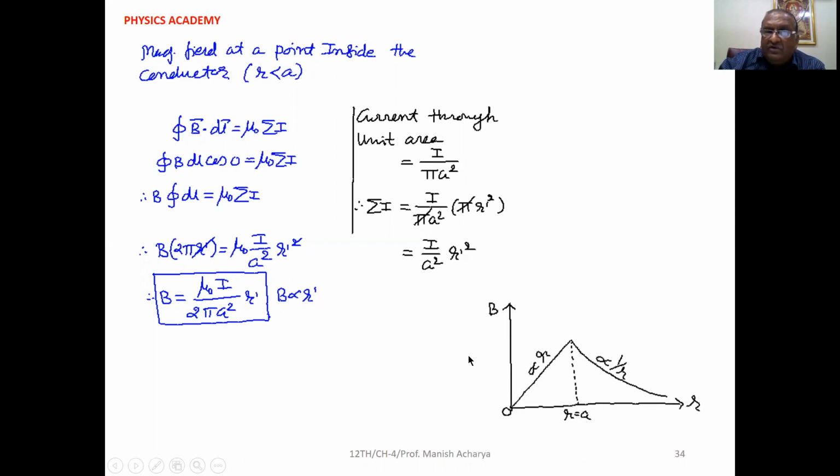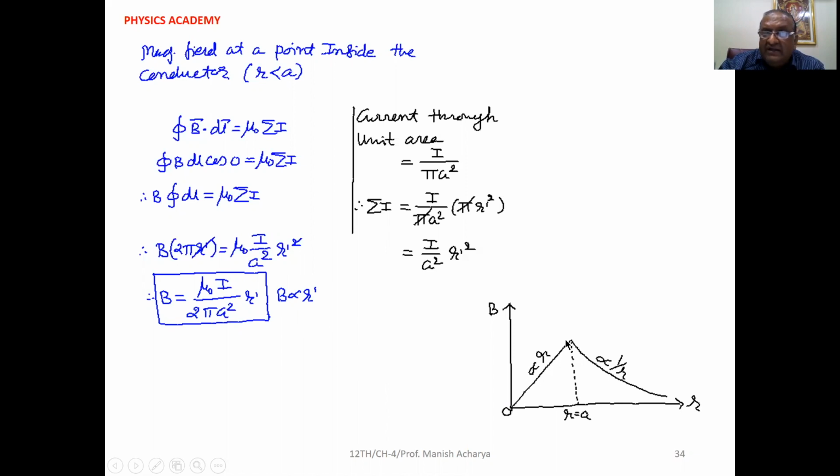So here if we draw the graph of magnetic field versus the position of the point from the axis of the conductor, then on the axis the magnetic field is 0. Then as we move away from the axis up to its surface, the magnetic field is directly proportional to r.